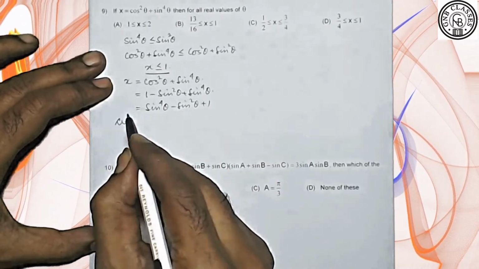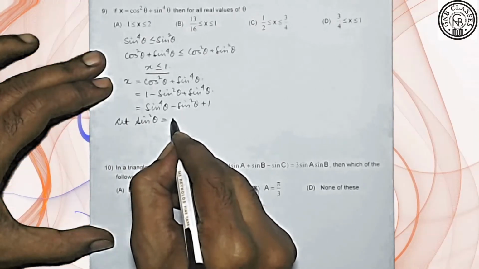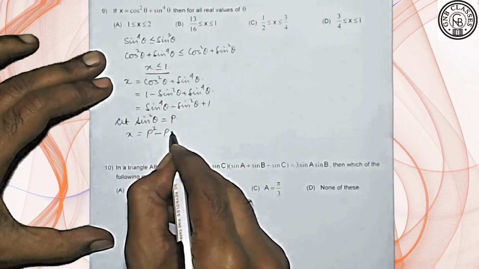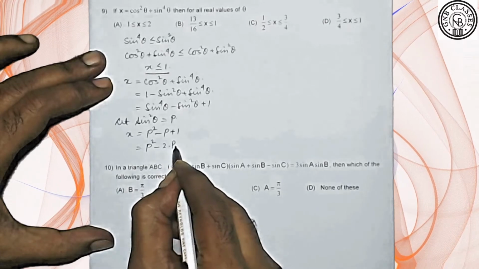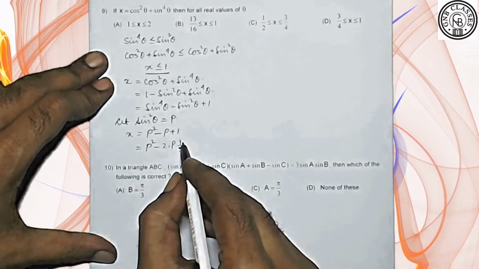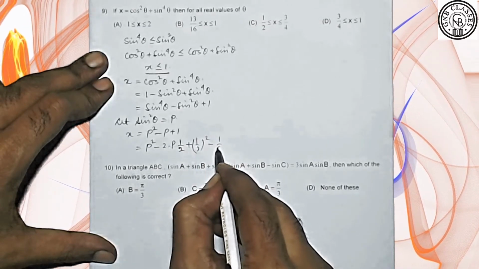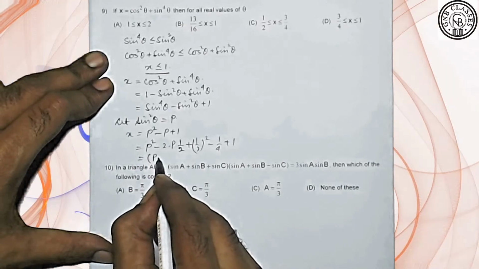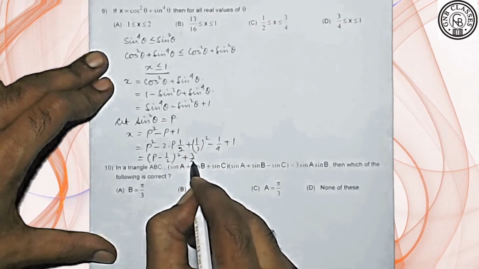Let us assume sine square theta is say p. Therefore x is, okay, which can also be written as, let us make it sum of squares of two numbers, minus 1 by 4 plus 1. Is it clear? So this thing becomes p minus half whole square plus 3 by 4.